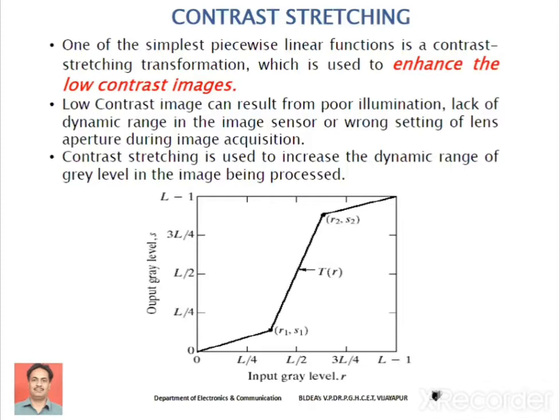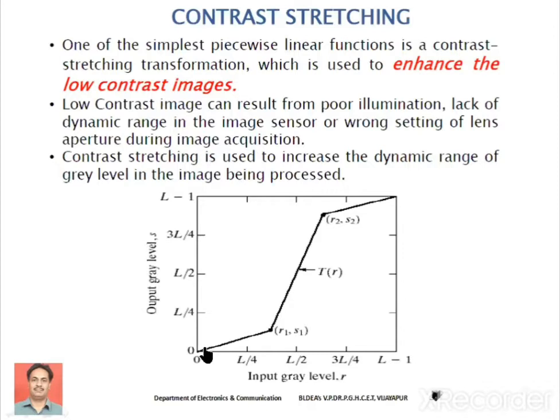For contrast stretching, we can make use of any curve. Here we have shown one typical transformation. If you refer to the diagram, here we have R values. As we discussed, R indicates the gray level values in the input image, and S indicates the gray level values in the output image.